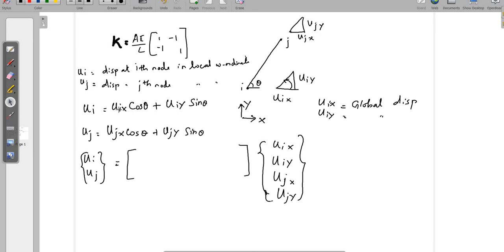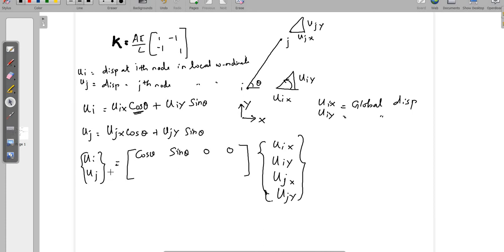What is the parameter here? For Ui X, the coefficient is cos theta. Next, the same equation consists of Ui Y multiplied with sin theta. For the first equation ui, there is no representation of j, so we can put 0.